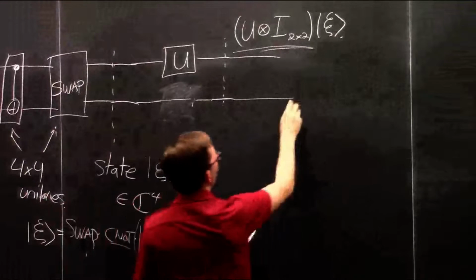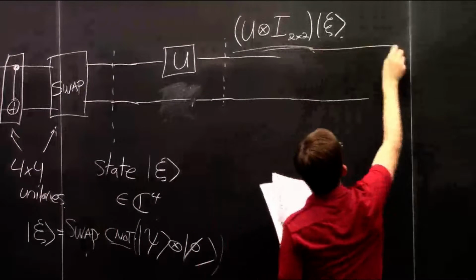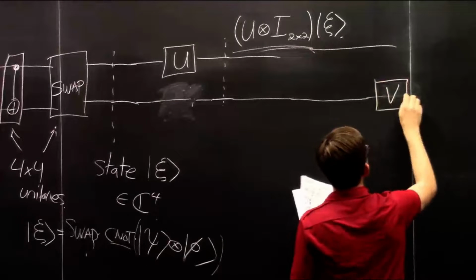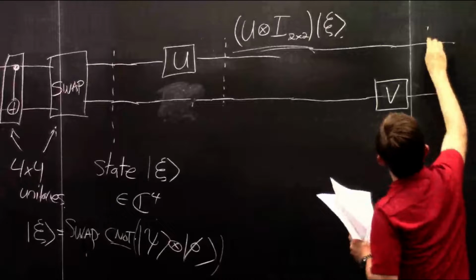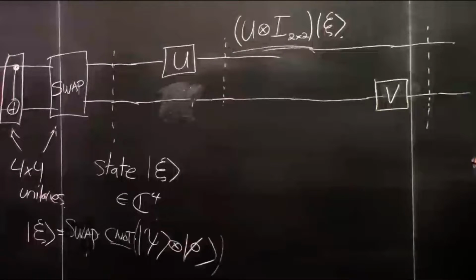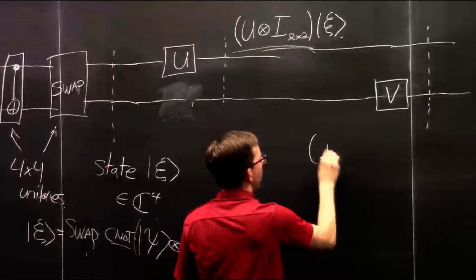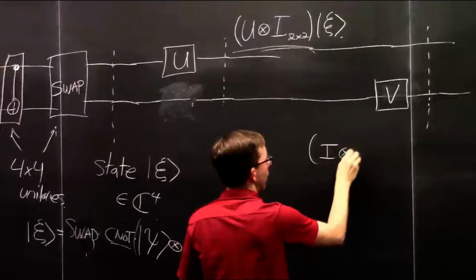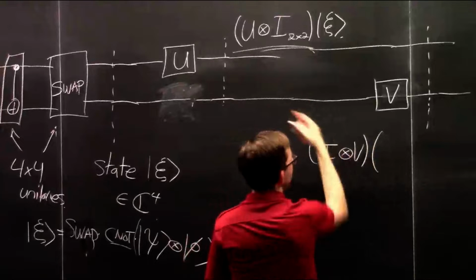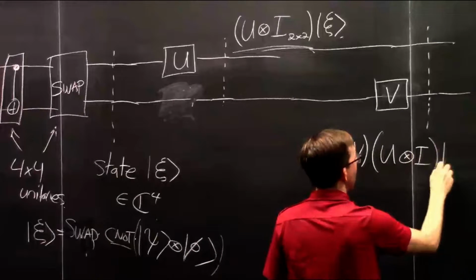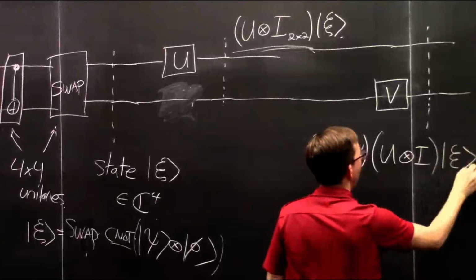Okay, and then if, hypothetically, things went on, and then Bob did some 2x2 unitary V to his qubit, then what would the state be here? The state would be, well, now we've done I tensor V to the previous state, which was U tensor I times xi.